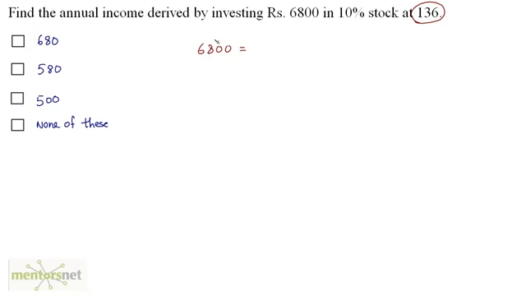So I can say that the market value is equals to 136% of the face value. So 136 upon 100 times the face value, let it be FV. So the face value is equals to 6800 times 100 divided by 136. Let it be as it is. Now you want the annual income, that means you want the dividend based on this percentage.